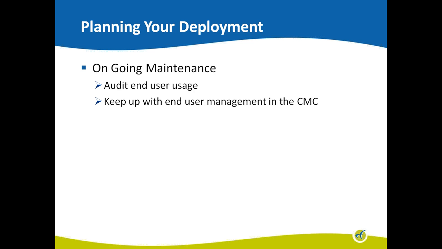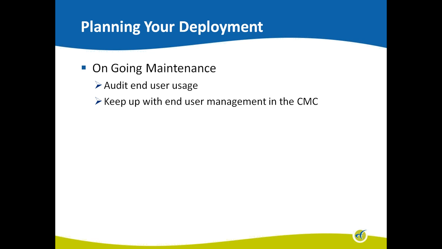For ongoing maintenance, keep in mind that auditing end-user usage and looking for people attempting to access the system and trying to do password guessing is key. Once you're exposing your corporate environment externally and allowing people to try to log in externally, you should be aware when people are attempting and failing frequently.